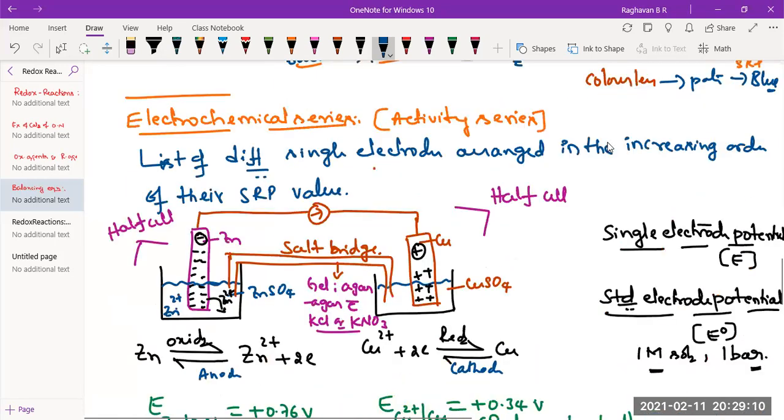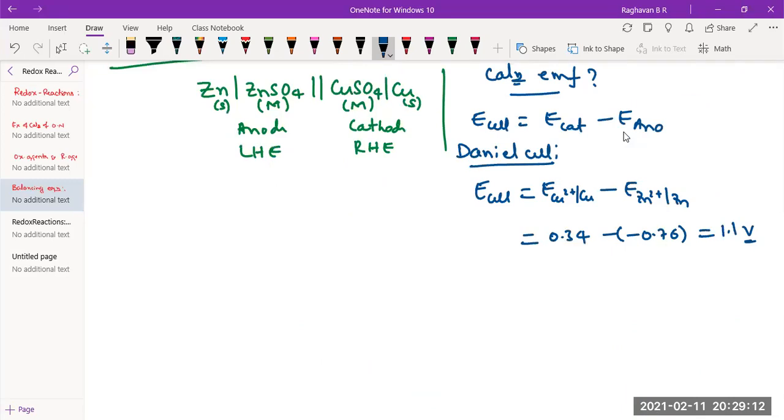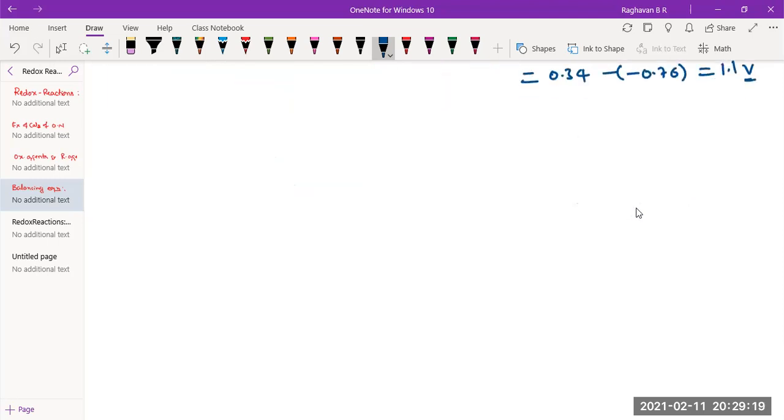Then we'll brief up about the electrochemical series. Now the electrochemical series has to be written to understand its characteristics and applications. The activity series starts with lithium actually. Next, potassium.